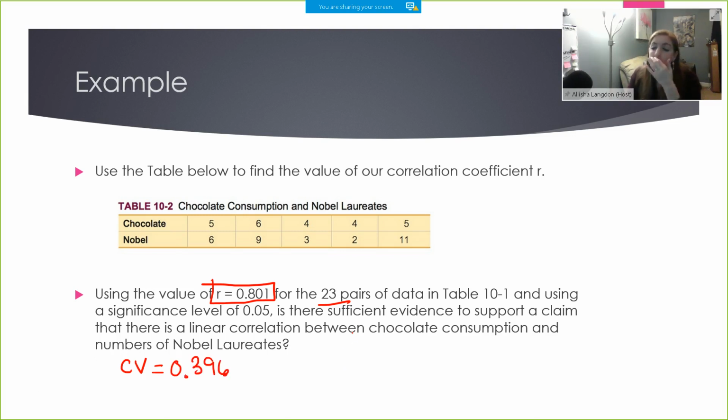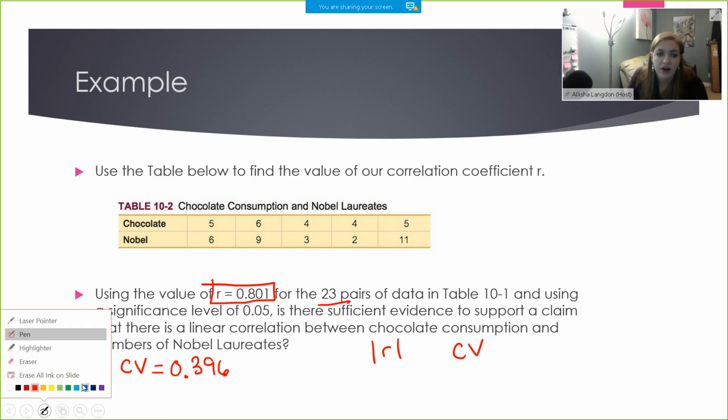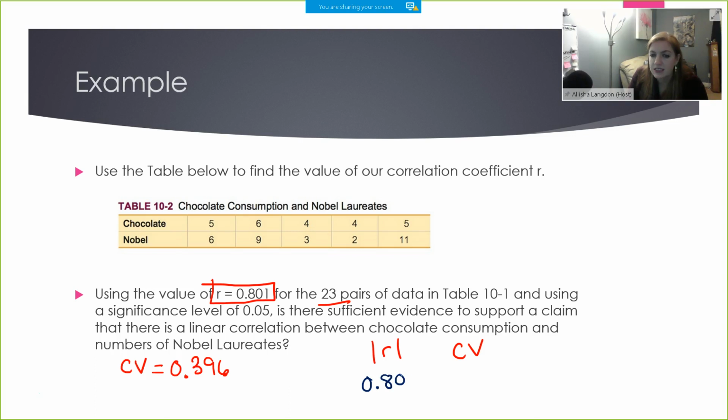Now remember, to determine whether there's a linear correlation or not, you have to look at the absolute value of R and compare it to your critical value. So the absolute value of R is going to be 0.801. If that was a negative R value, we would flip it to a positive.